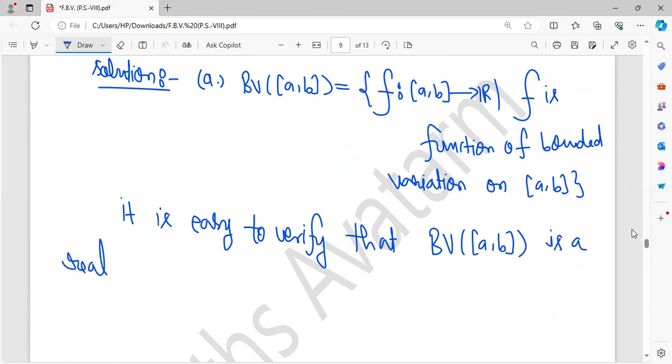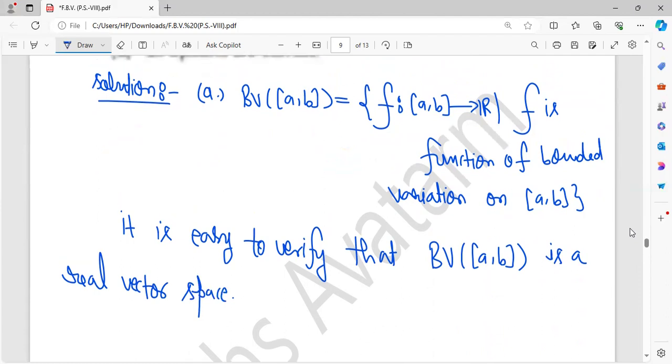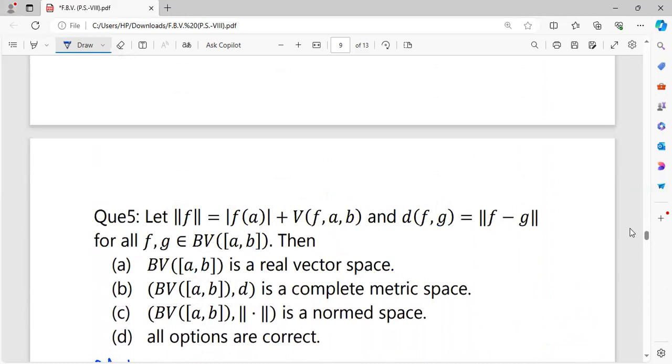Real vector space means you are taking the real field, the field of the real number system. So it is a real vector space. You can check it, no problem. It is easy to verify.